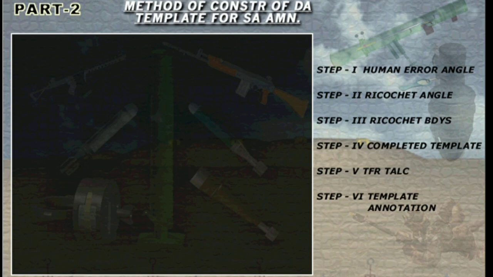Step 2. Ricochet angle. Step 3. Determining ricochet boundaries. Step 4. Making completed templates. Step 5. Transferring to talc. And step 6. Making template annotation. Let's see each step one by one.